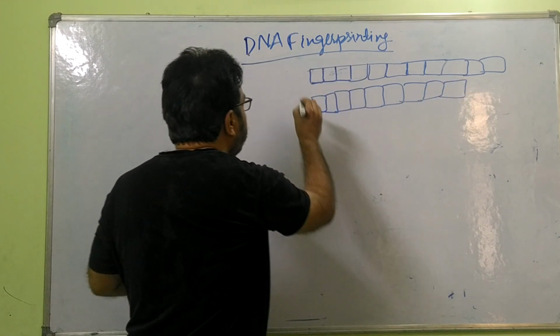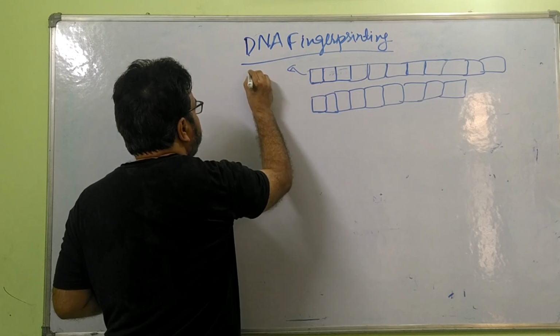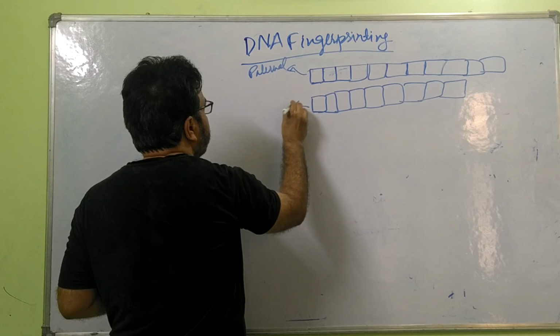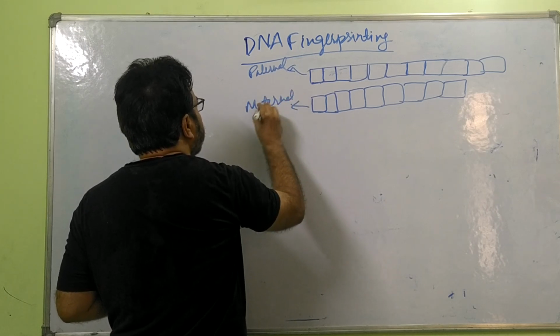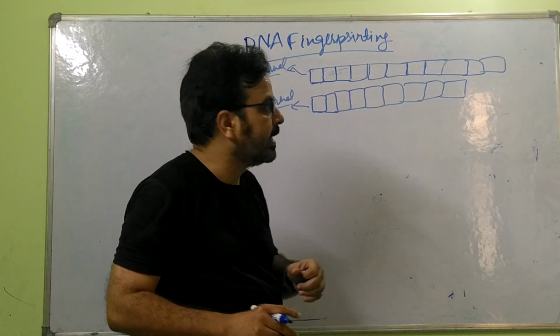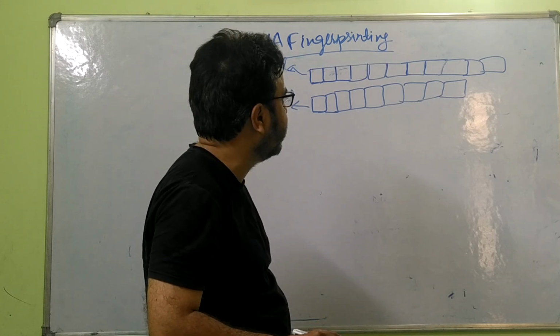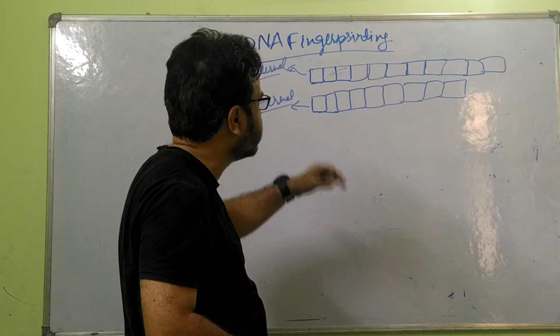So this one is from paternal origin and one is maternal origin, because mother and father are two individuals and repetitions differ on individual basis. So of course repetitions will be different. These are the identifying characteristics, these repetitions.